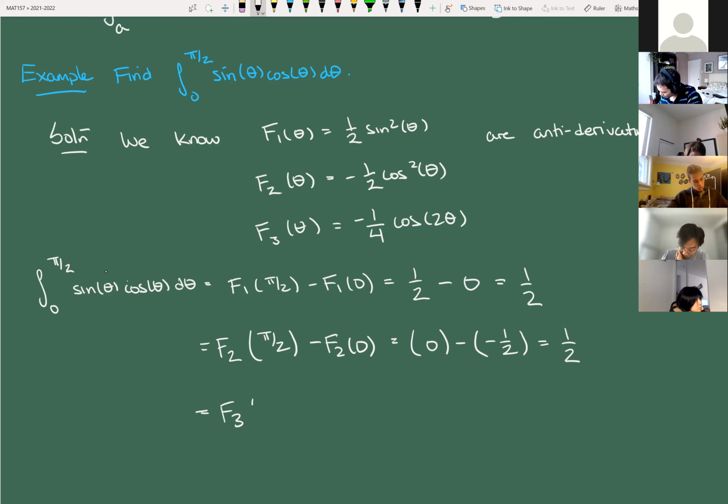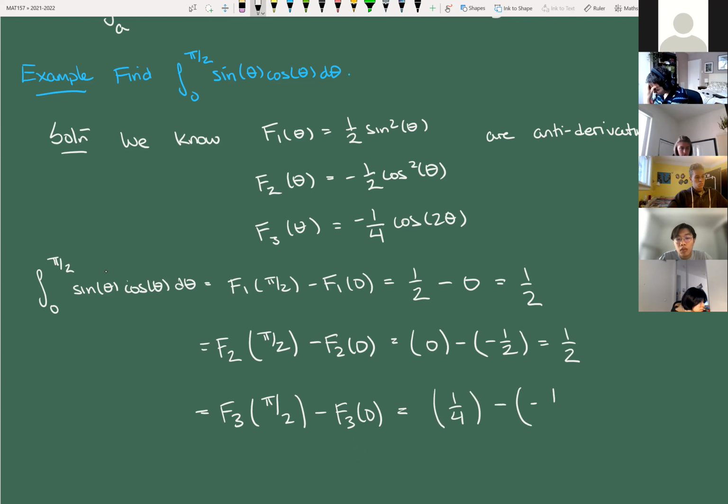So F3 though, I think is going to be more interesting. F3 of 0. Okay. So cos of 2 times pi by 2 is cos of pi, which is -1, right? So we're going to get 1/4 minus -1/4. And that is also equal to 1/2, right?